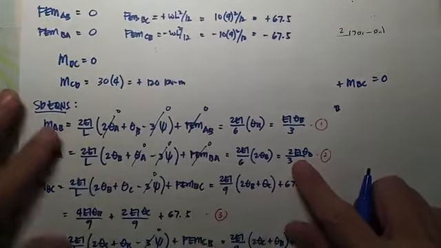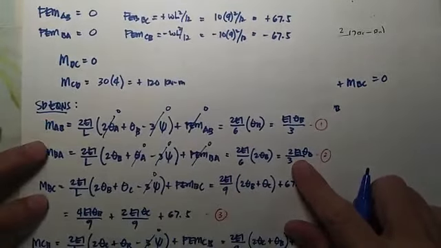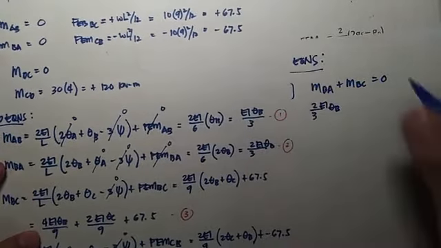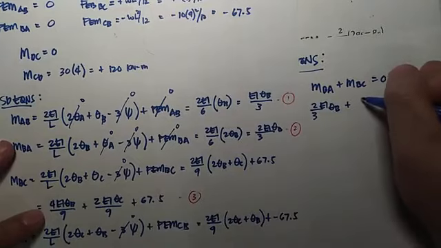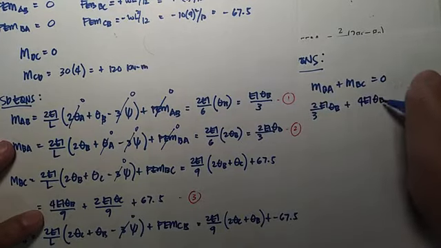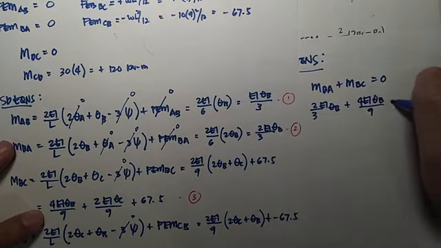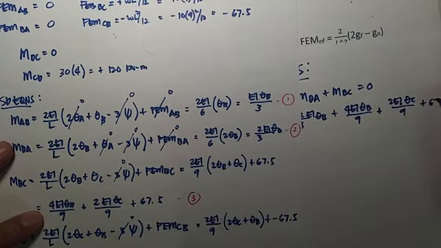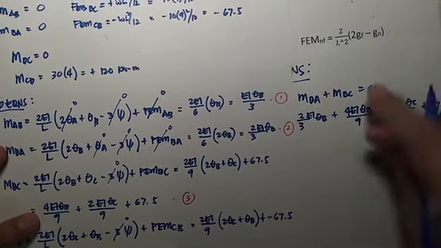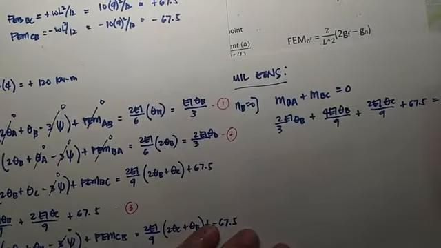No? MBA. Ano yung MBC? MBC natin ito. Kokopyahin ko lang, plus this one: 4 EI theta B over 9 plus 2 EI theta C over 9 plus natin 67.5. So from here should be equal to 0. Everything should be equal to 0.